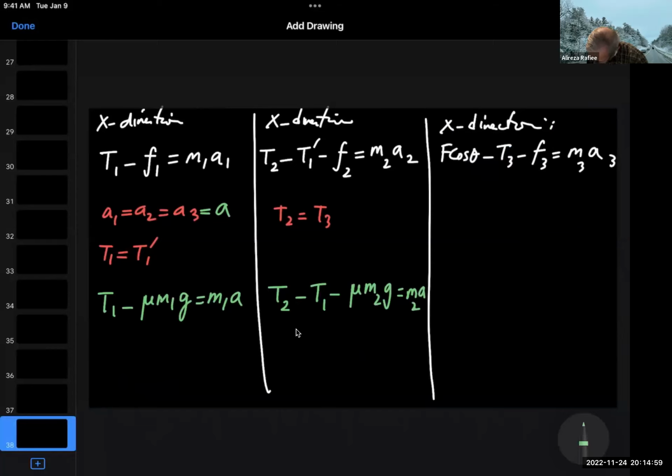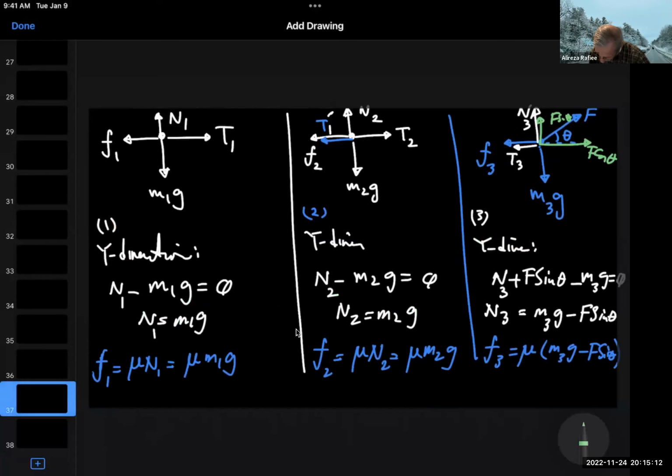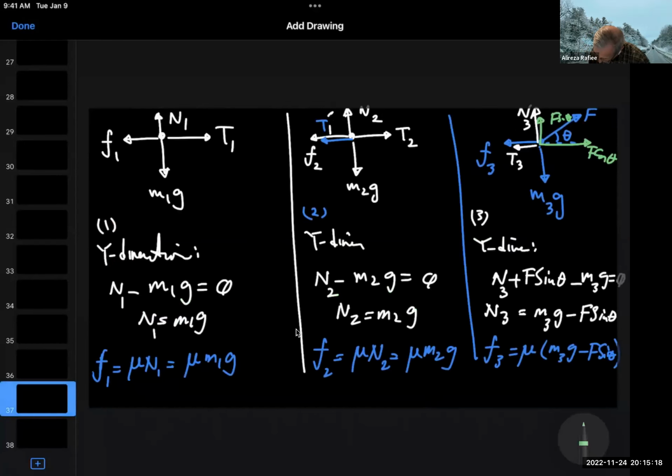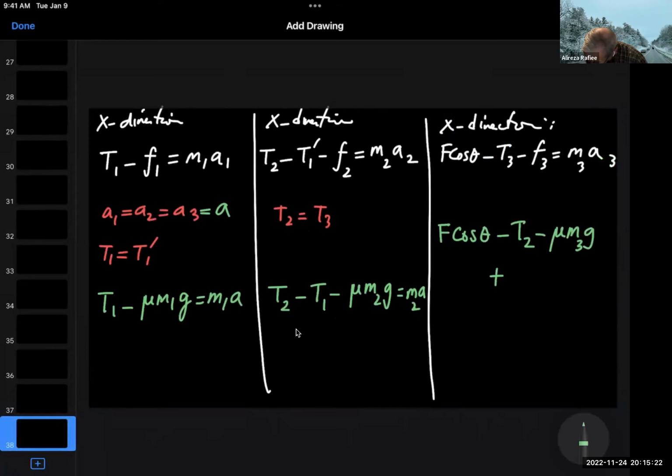And the last one is F cosine of theta, minus T3 and T2 are the same, so I'm going to replace it with T2. So I have only one parameter. And then minus f3, which is mu times (m3g minus F sine of theta). That is also a minus, so it's plus mu F sine of theta.